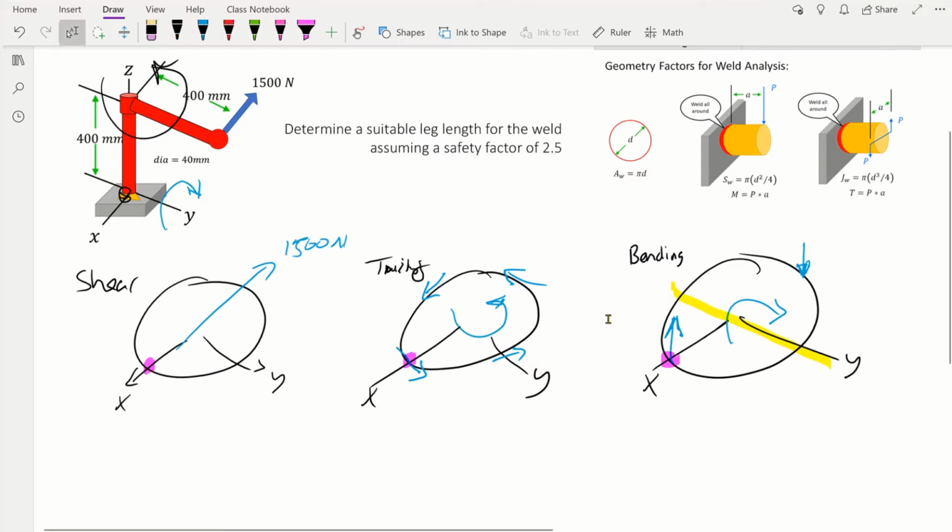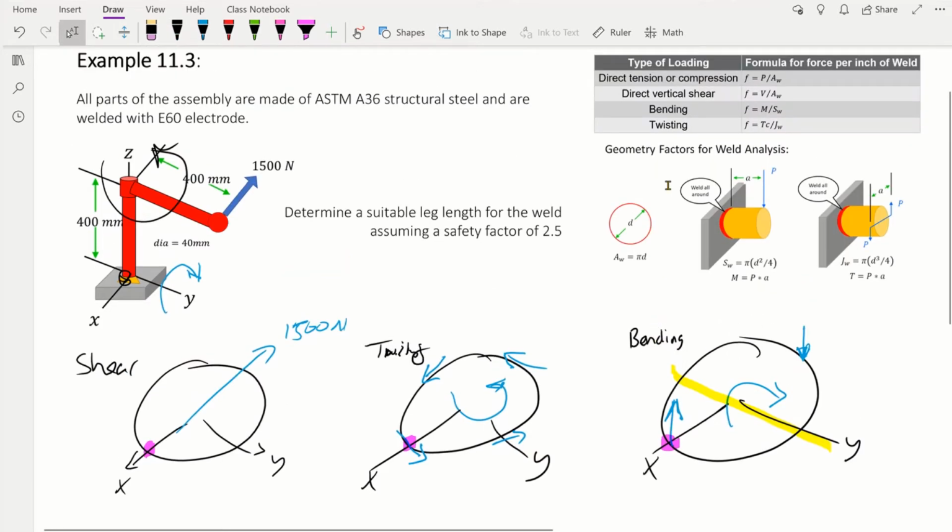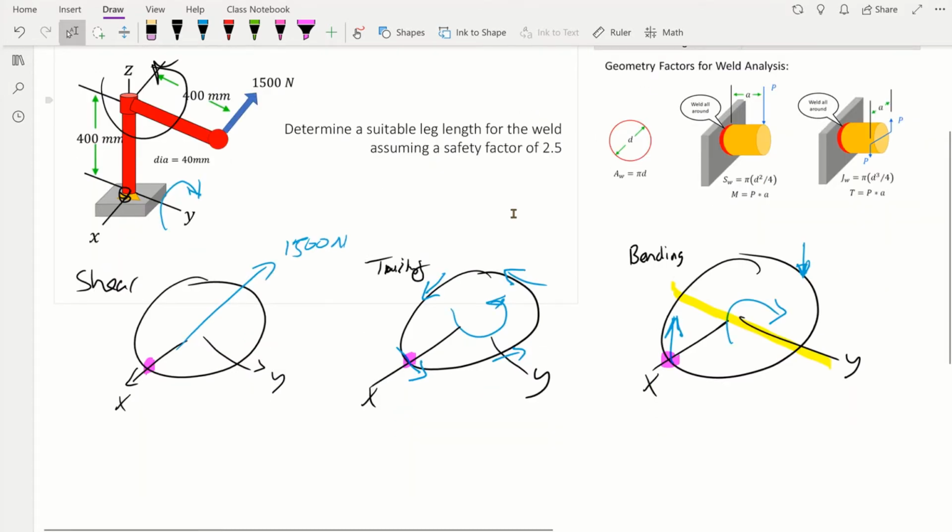So next, what we're going to do is calculate the force per inch of weld depending on the different types of loading. Again, we have shear, which the formula is just V by AW. So the force due to shear is just the shear load divided by AW.